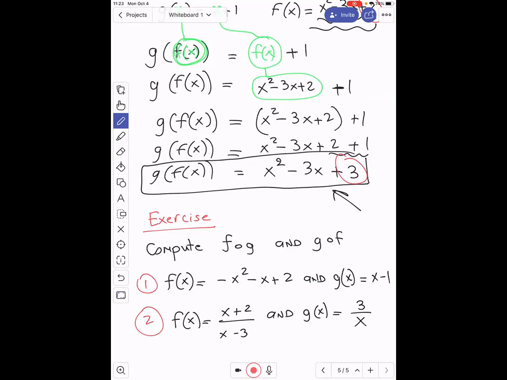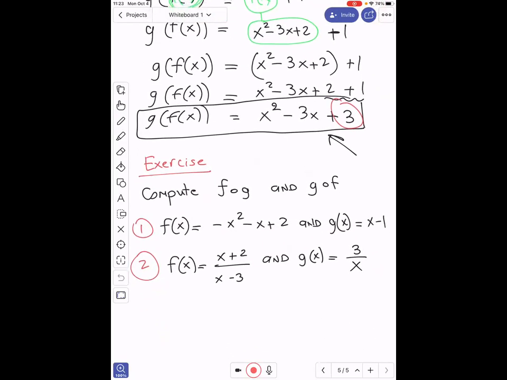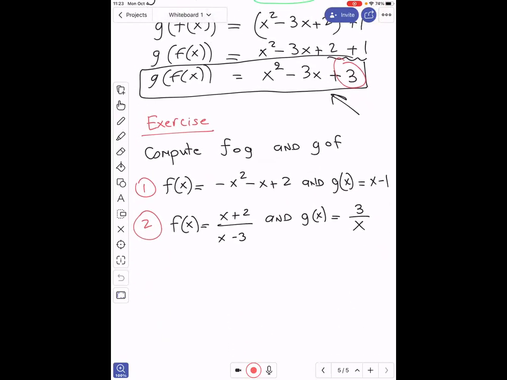So please, guys, try to compute f composed with g and g composed with f.